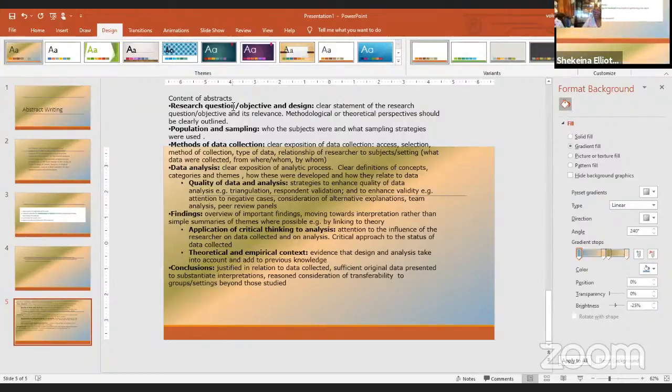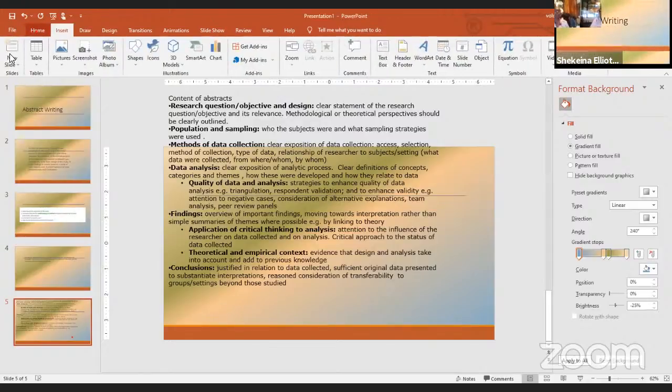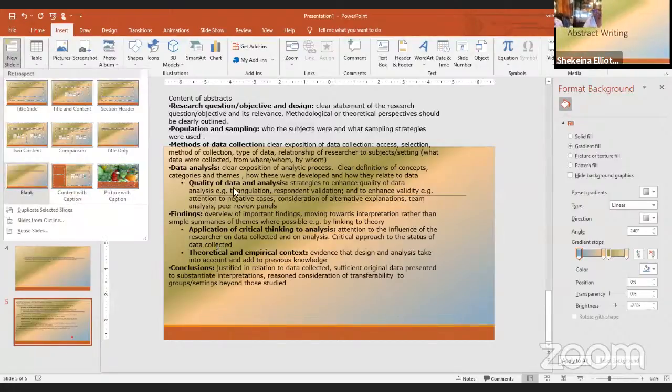Now, at the end of your study, you need to include keywords. I didn't put it in, but I'm going to write it. Let me just add another slide. What are some key terms that will quickly allow your readers, as they go through your work, to look for those keywords?